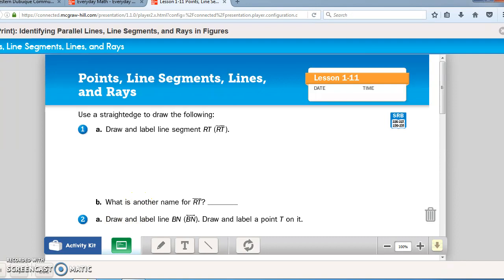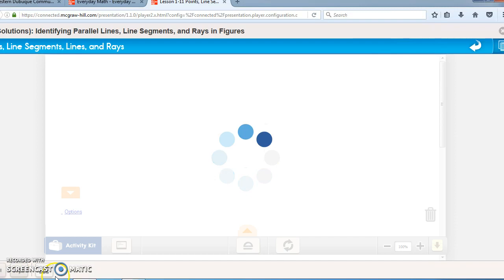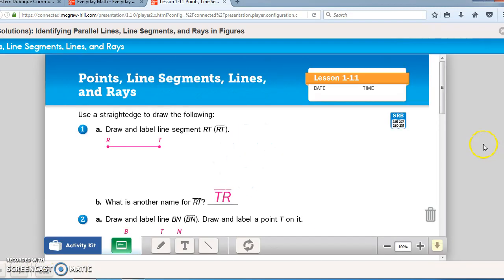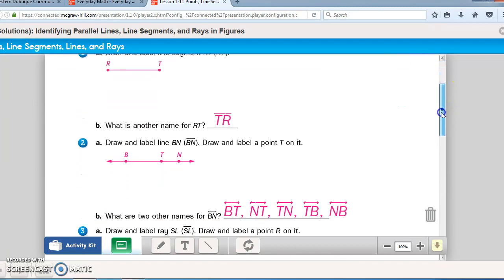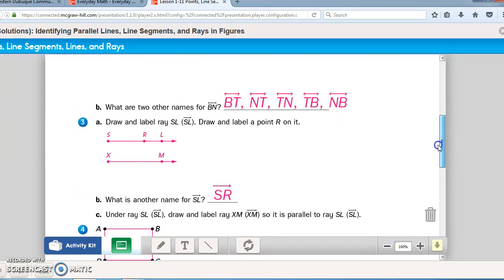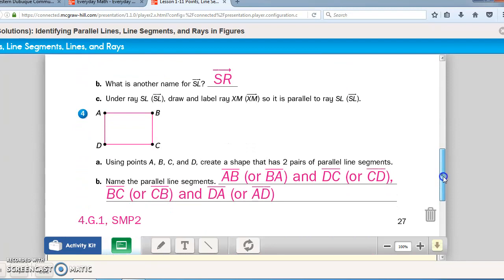Pause the tape now and do this page. Now that you've come back, if you have any questions, remember to come back and ask me, or you can check your answers here in the book.